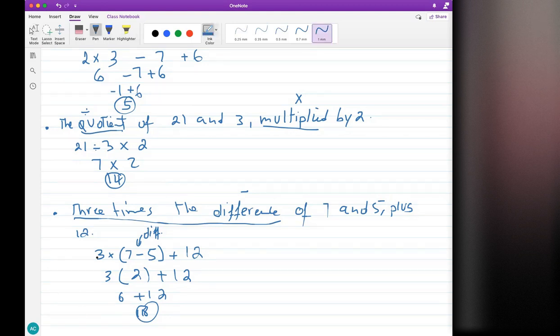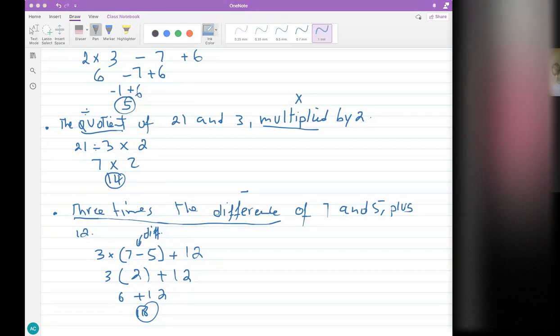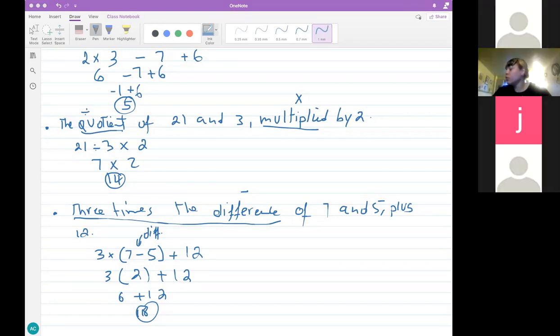If you don't get the right expression, of course, the answer will not be right. So make sure you get the right translation in order to get the right answer. I believe that's pretty much it for the order of operations. There's going to be plenty of practice problems in the homework, very similar to this.